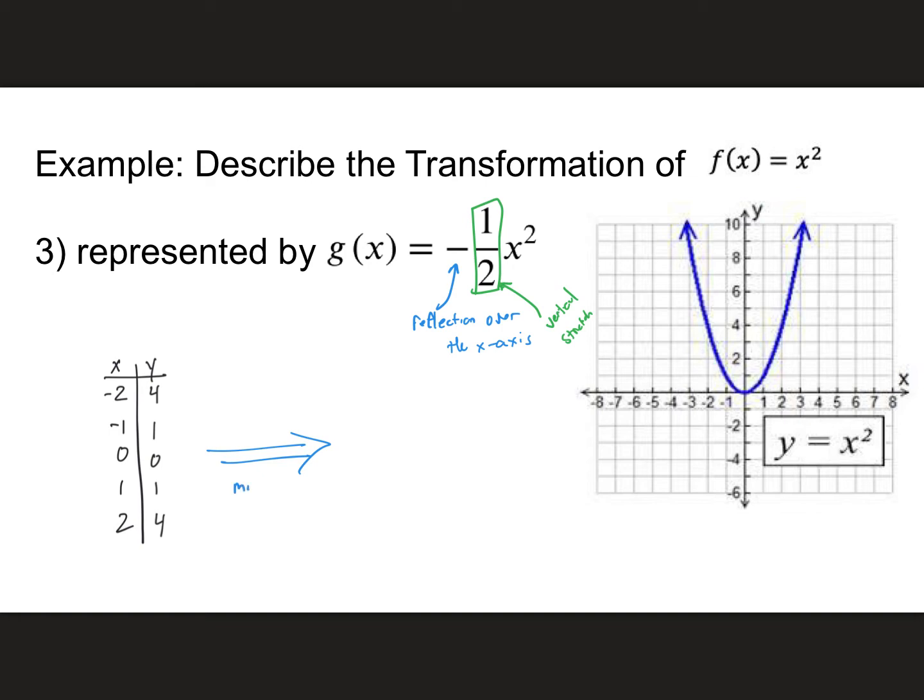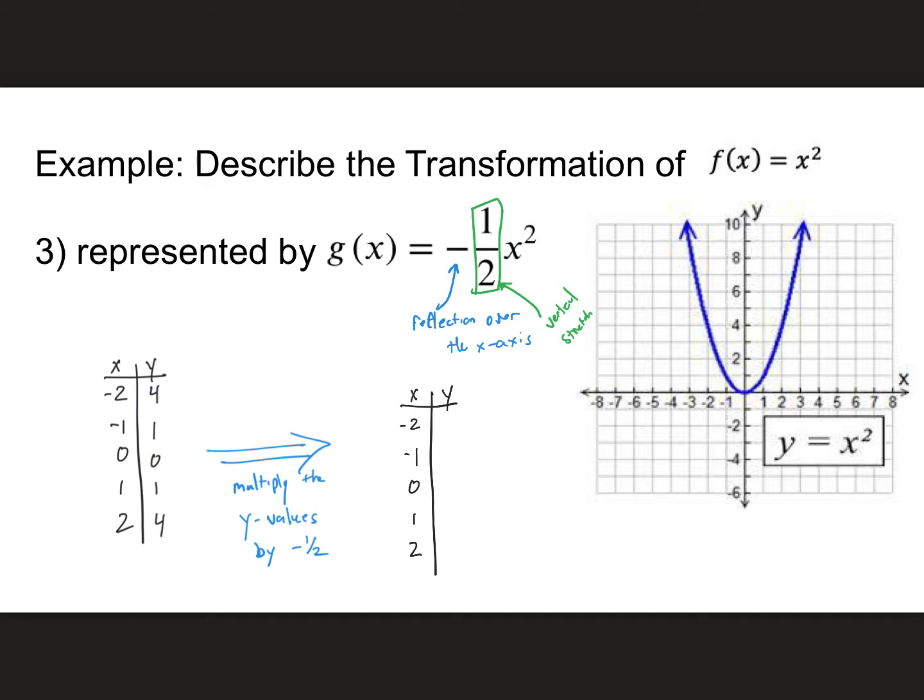In order to do that, we're going to multiply the y values by -1/2. When we multiply the y values by -1/2, it's going to give us this new table of values that we're going to use to plot our points.